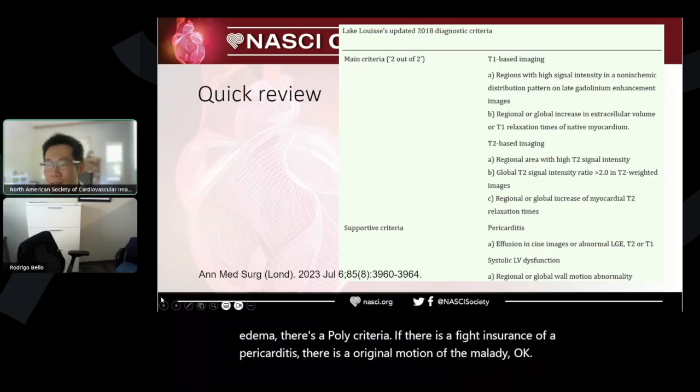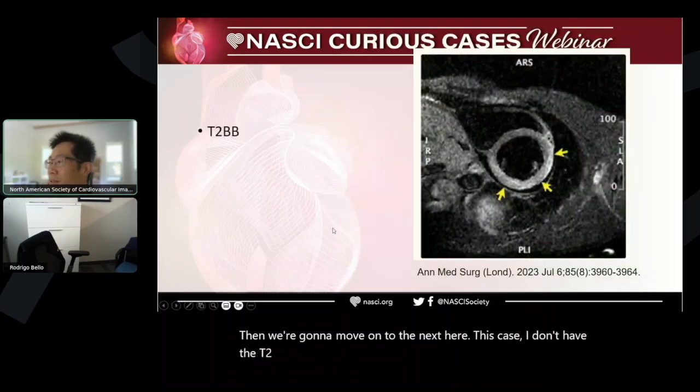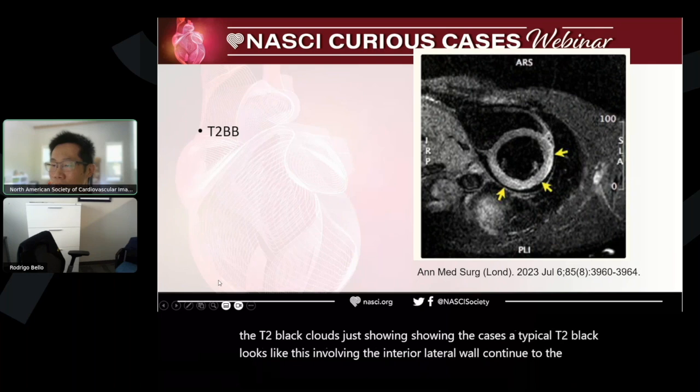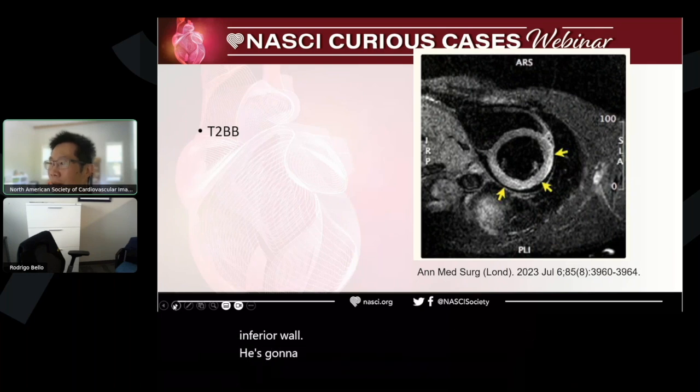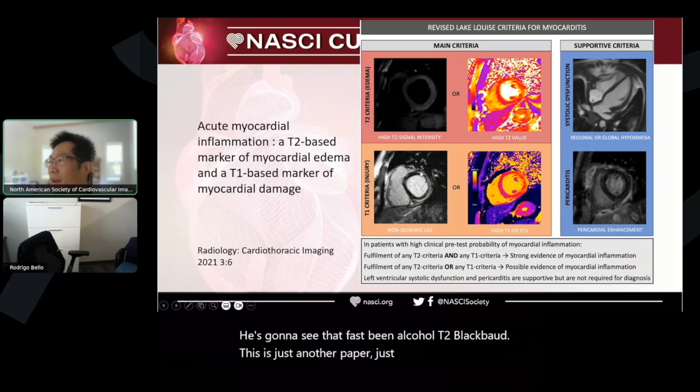Then we're going to move on to the next. In this case, I don't have a T2 black blood, just showing the cases. A typical T2 black blood looks like this, involving the anterior lateral wall, continuing to the inferior wall. You're going to see that fast spin echo T2 black blood. This is just another paper that cited this revised criteria for myocarditis.